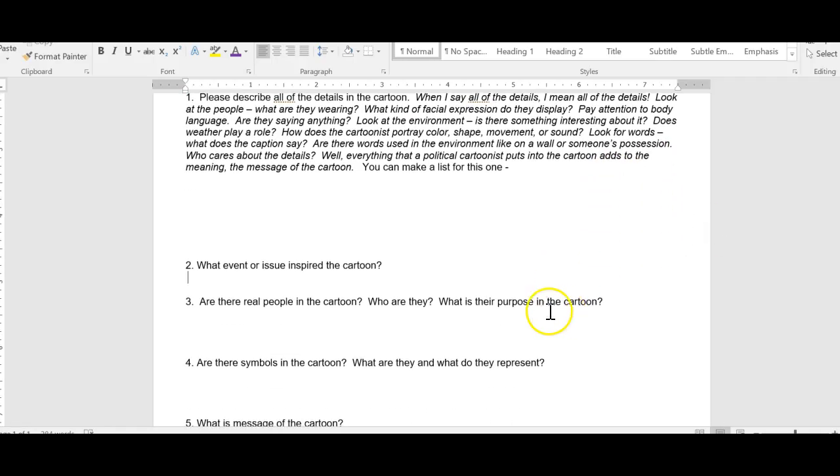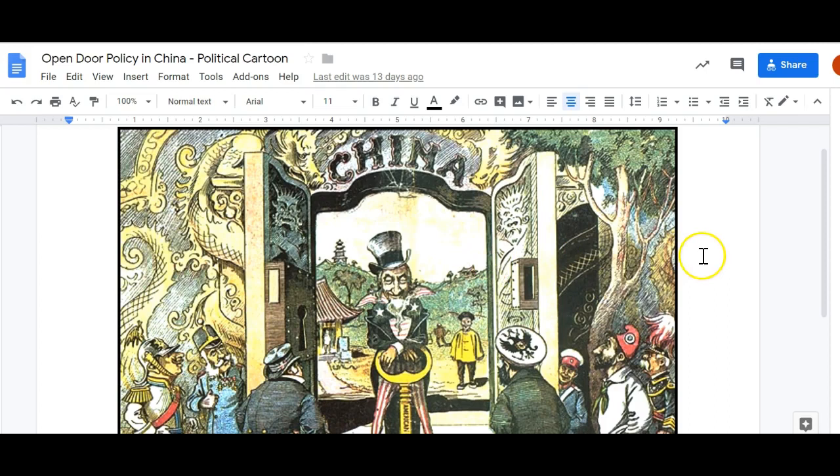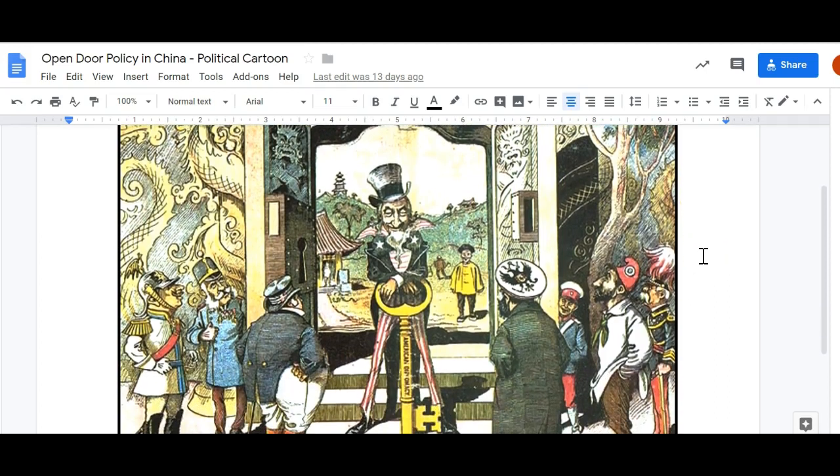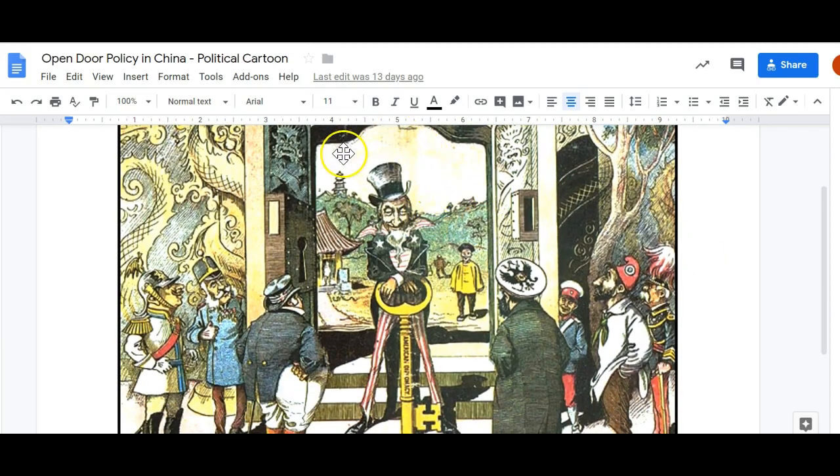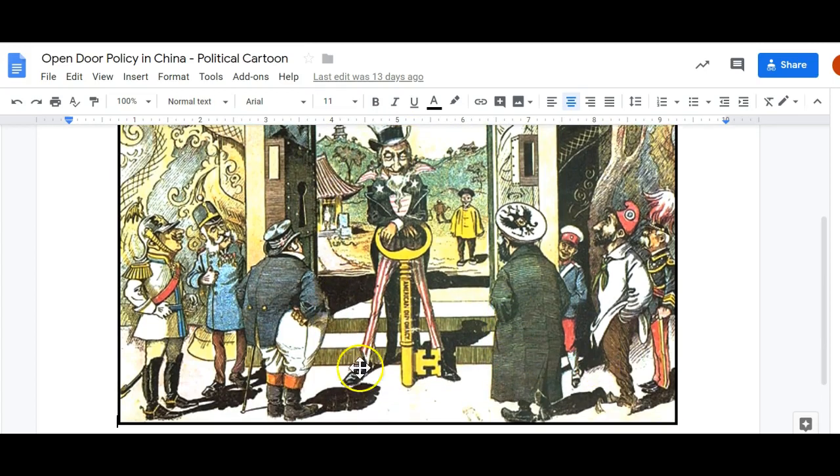Okay, are there real people in the cartoon? Who are they and what is their purpose? So as you get into this question, of course you're writing with a complete sentence. You can start with this guy right here, Uncle Sam, and then you can proceed into who these men represent as far as imperialist countries go.